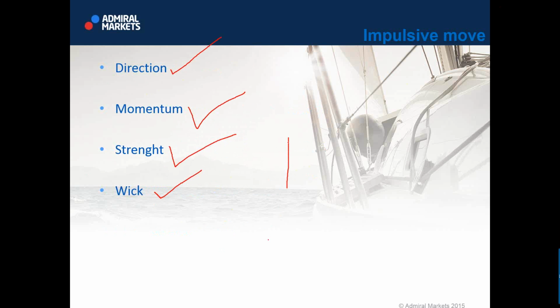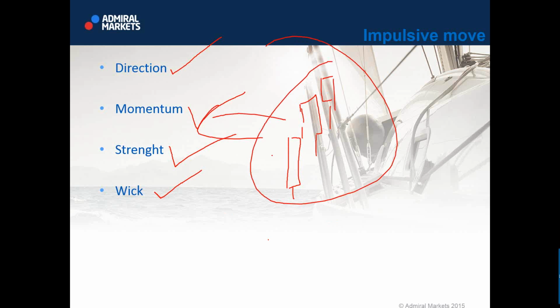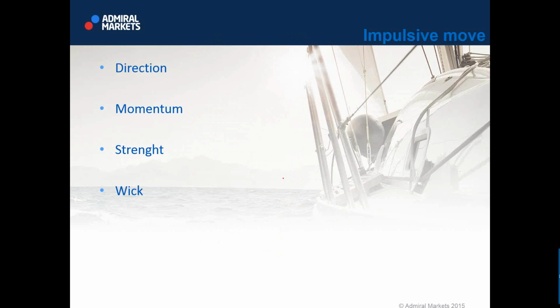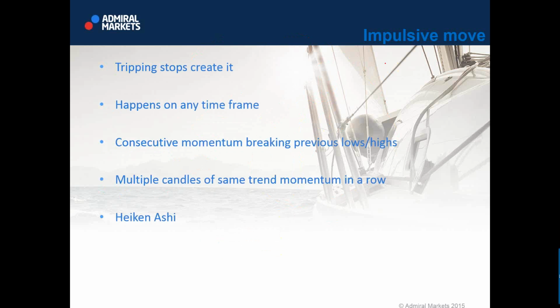So if you see that the price is making higher highs with higher lows, you know that an impulsive move is happening. All of this is very clearly seen on Heikin-Ashi candlesticks.